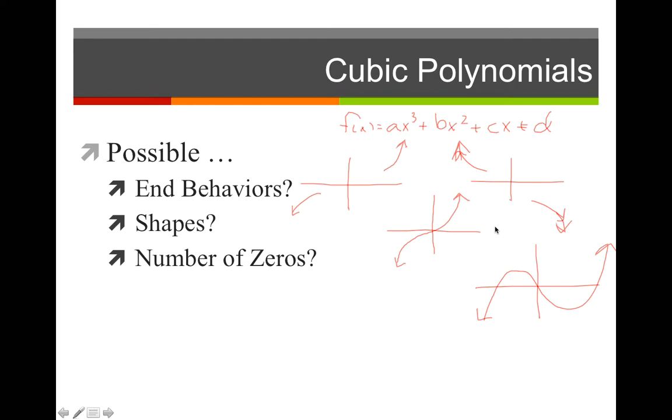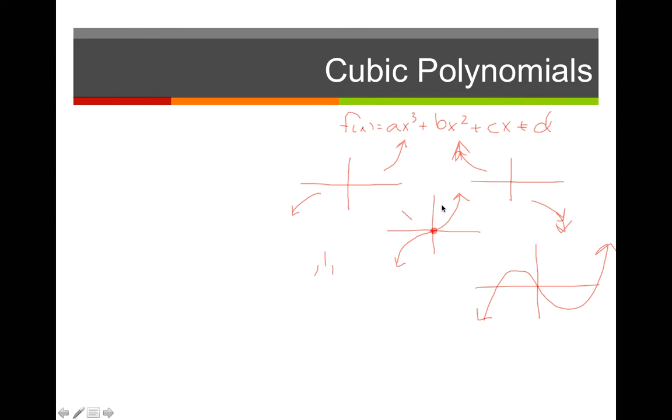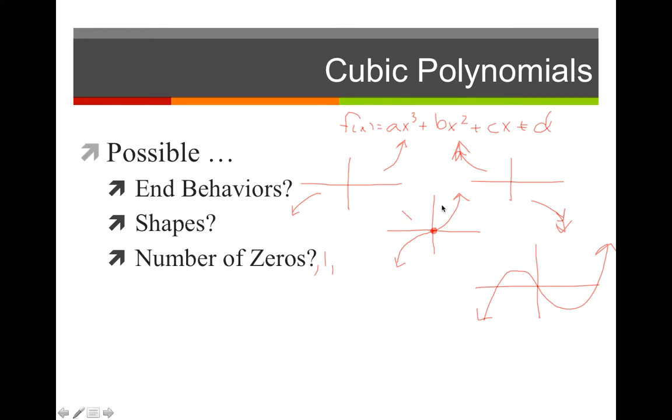For the number of zeros, you notice here, this is 1, means I could have 1. I could have 1, 0. That's a possibility. Something like just the function x cubed.